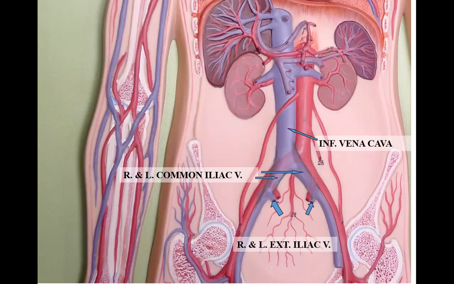Right here. And that means if this is external, this is internal, because whenever you have common, you're going to have an external and internal. In this case, the external and internal iliac veins come together to give you the common iliacs.